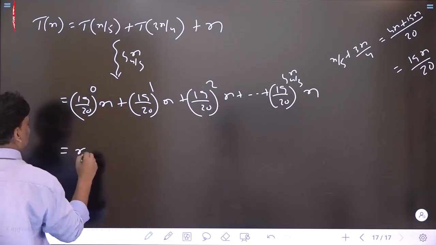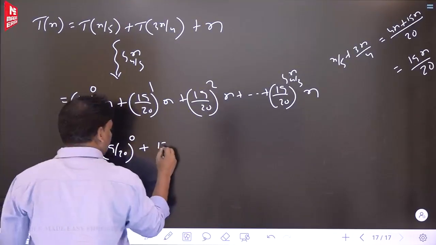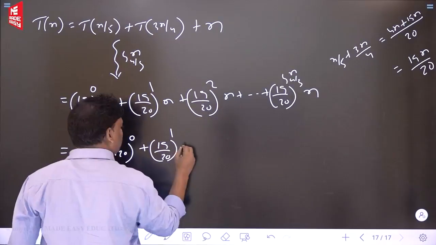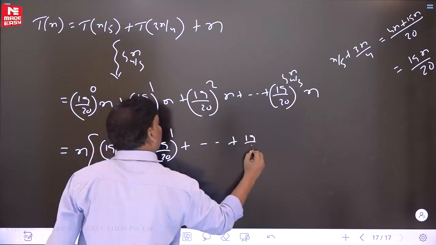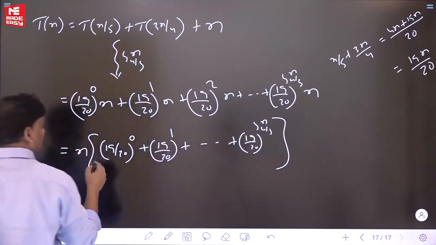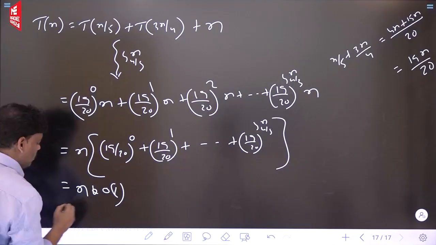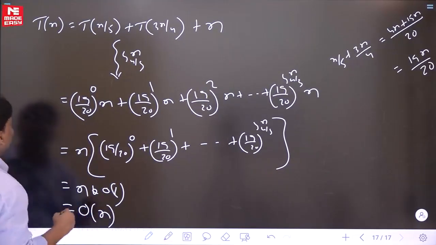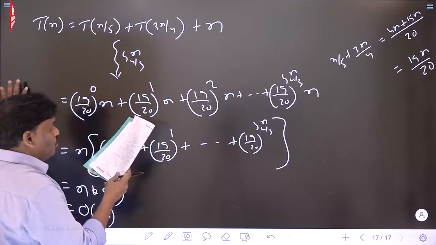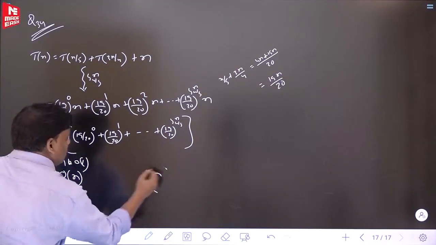So if you see, n is common: 19 by 20 whole power 0, 19 by 20 whole power 1 and so on, up to 19 by 20 whole power log n base 4 by 3. It is a decreasing GP series which will go to a constant, n into order of 1, finally big O of n. For question number 34, the answer is going to be n. So C is the answer.